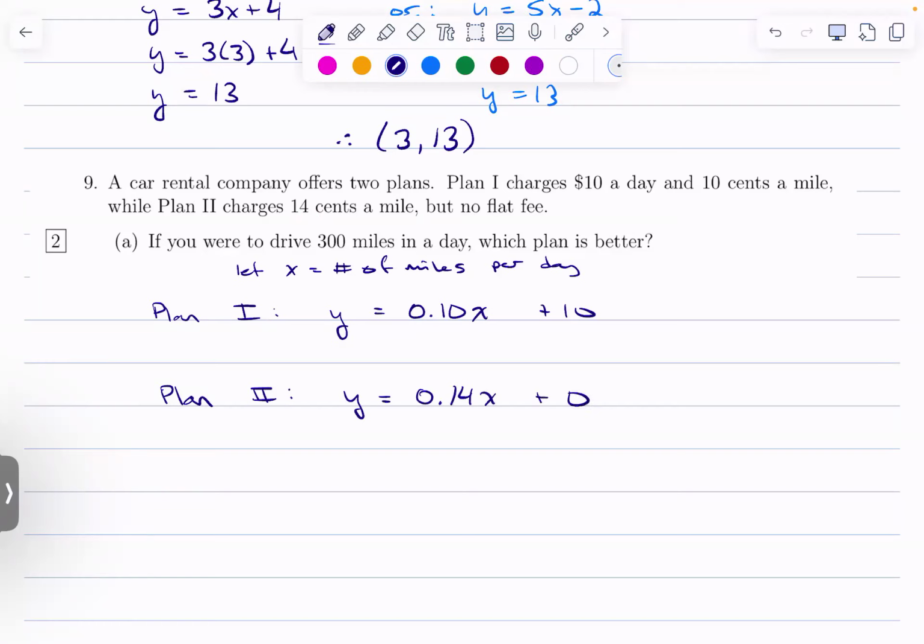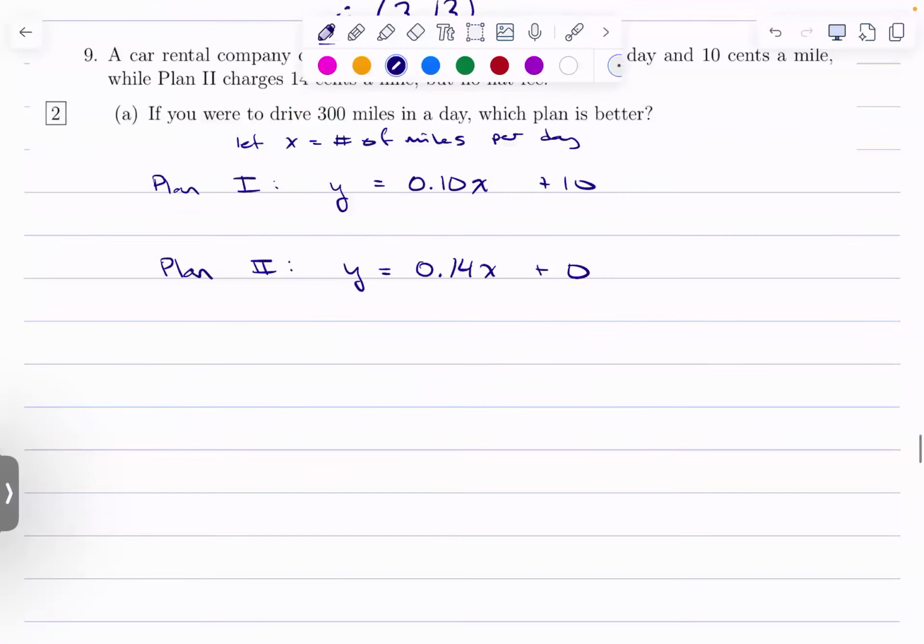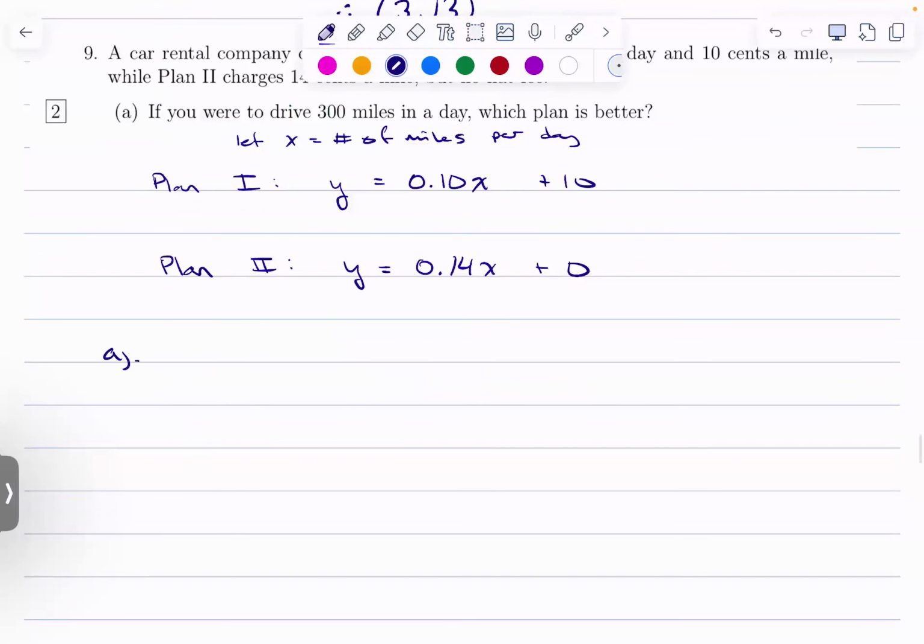You can drop the 0, but it's nice to show it. If you were to drive 300 miles in a day, which plan is better? Plug in x equals 300 in both of these and pick the lowest cost, probably. And so here, start part A, let x be 300.